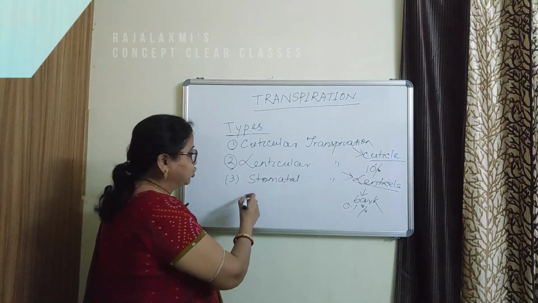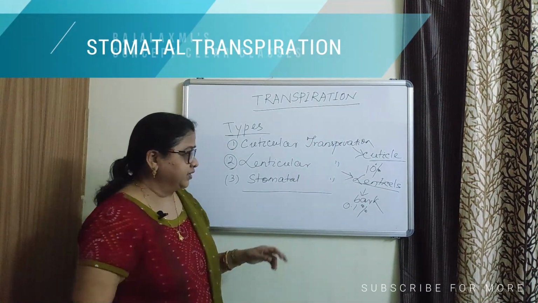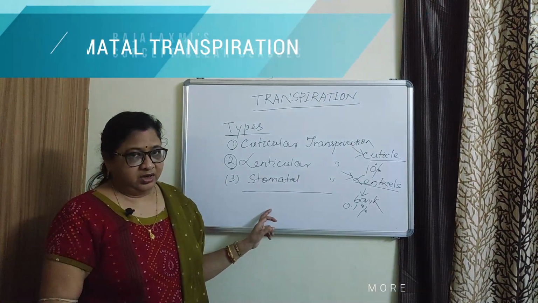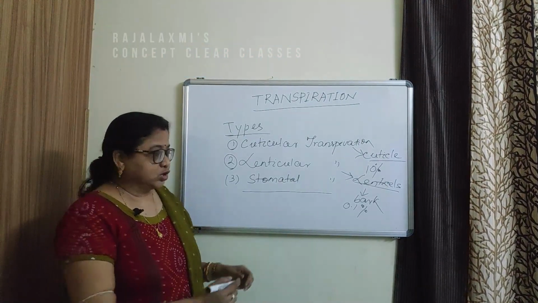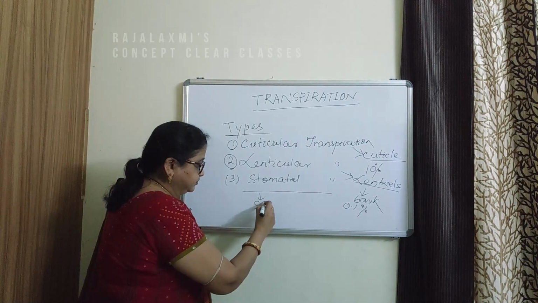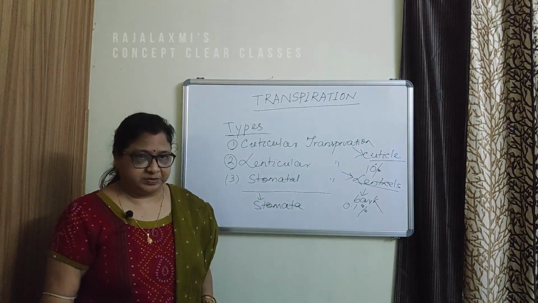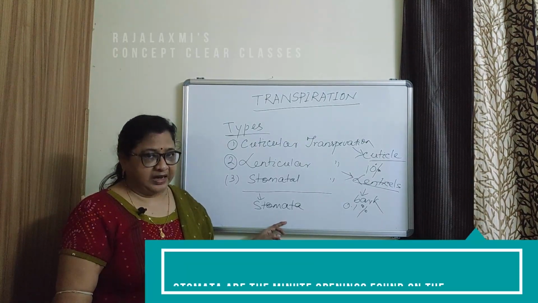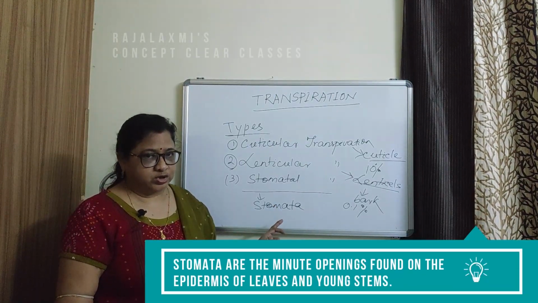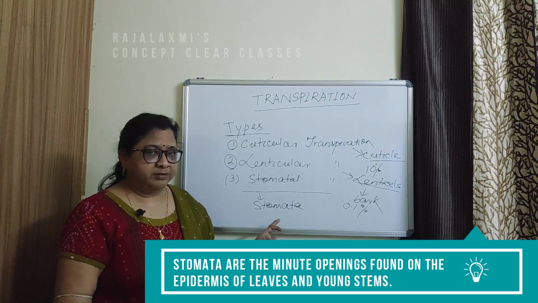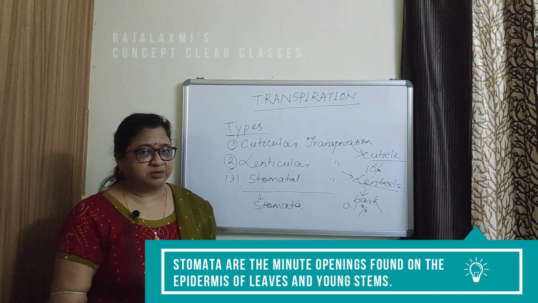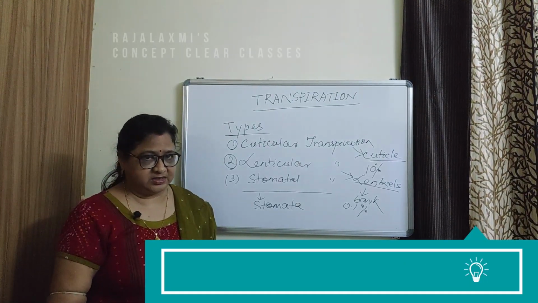Then the stomatal transpiration. The transpiration that occurs through the stomata is known as stomatal transpiration. The stomata are minute pores, or very small pores, present on the epidermis of the leaves and young branches.